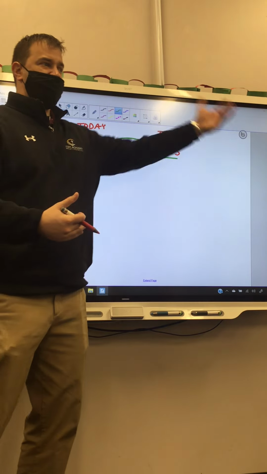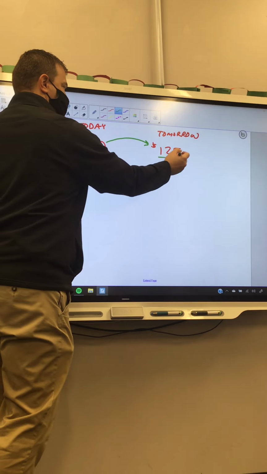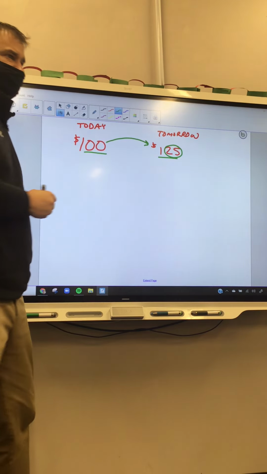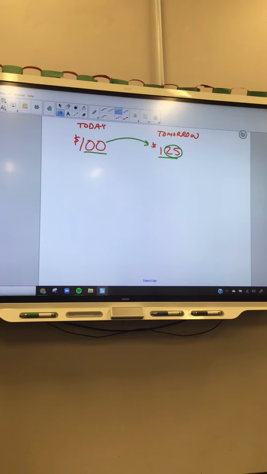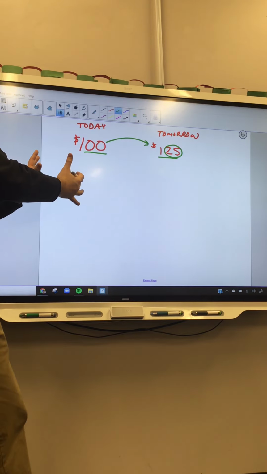So this is a rate change that takes me beyond 100%. How much money did I go up? Yeah, $25, which is how much percentage from my original? 125%. Altogether this full amount is 125% of that.